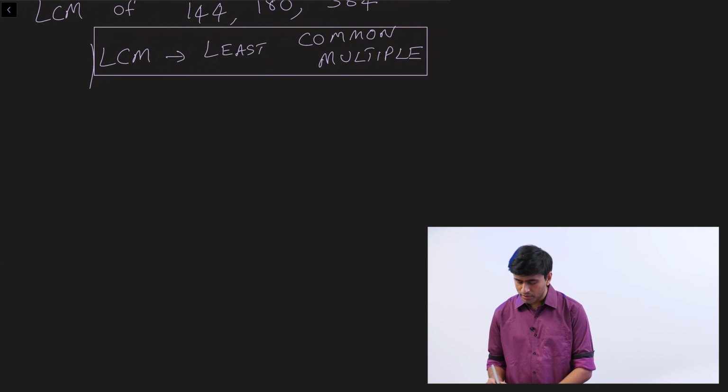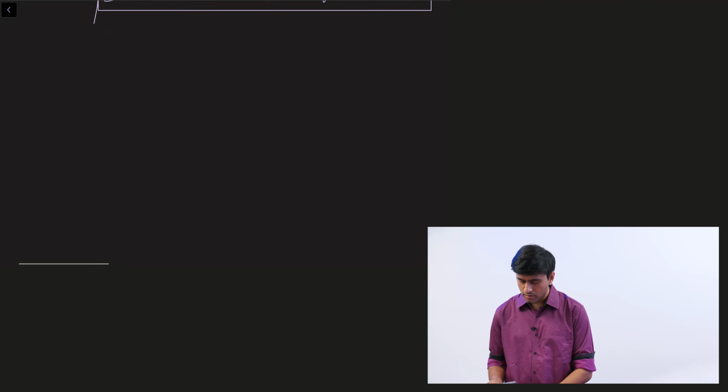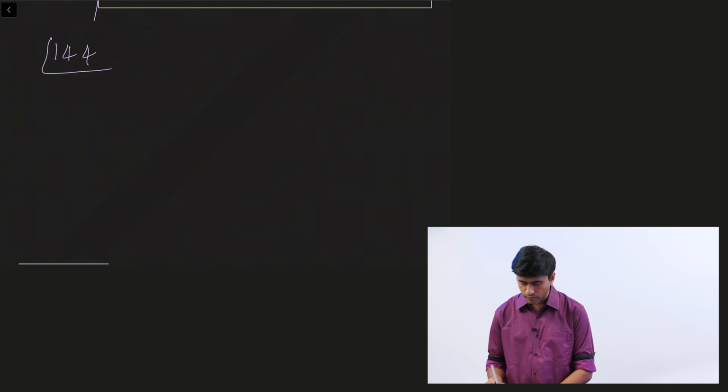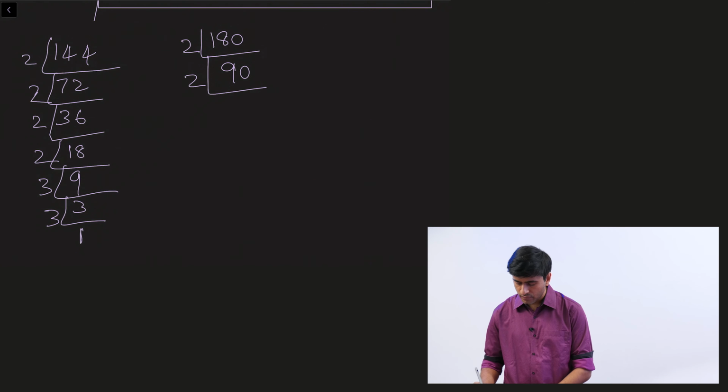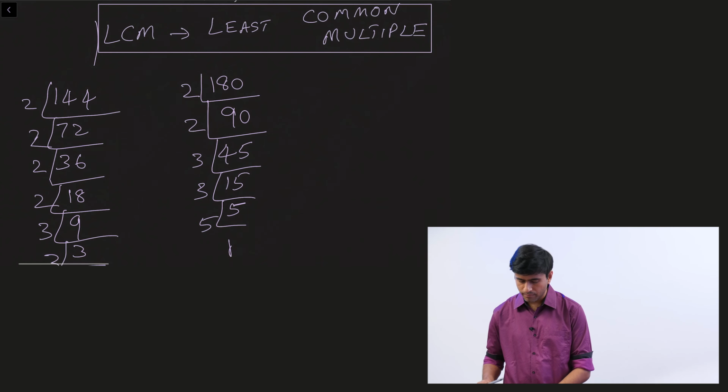So how do we find LCM using method 1, the prime factorization method? We have to find the prime factors of each of these numbers. So 144: 2 72s are, 2 36s are, 2 18s are, 2 9s are, 3 3s are, 3 1s are. The next number is 180. By now you should be good at doing divisions. 2 90s are, 2 45s are, 3 15s are, 3 5s are, 5 1s are.